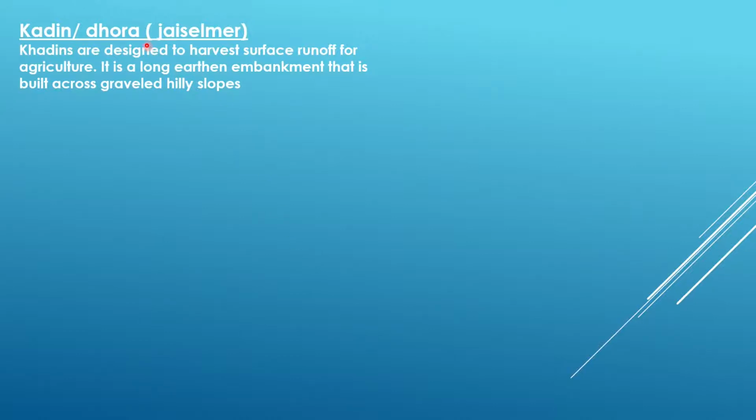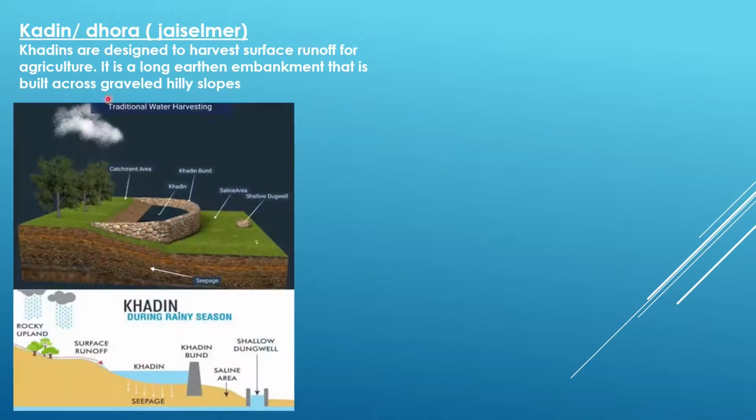Khadin Dhora in Jaisalmer. Khadins are designed to harvest surface runoff from highland to lowland area for agriculture. It is a long earthen embankment that is built across gravelled hilly slopes.